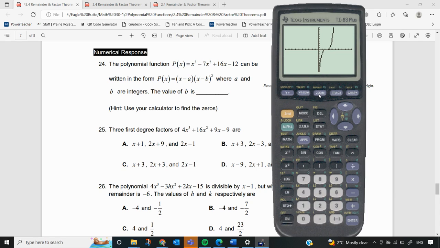So there's one feature you can use called zoom box. So click on zoom, the first one is box. And what that does is it allows you to zoom in just on the area that we're focusing on. And once we're more zoomed in, you'll probably be able to see where your zeros are.